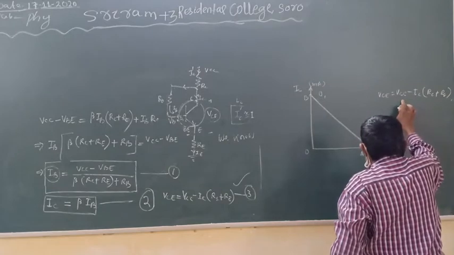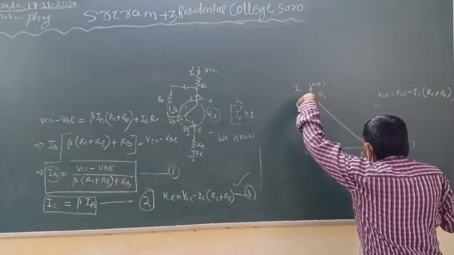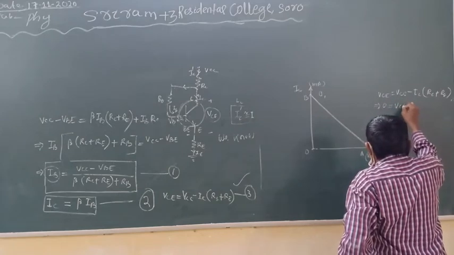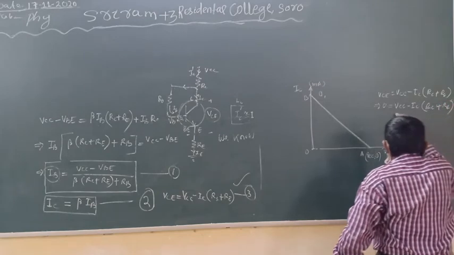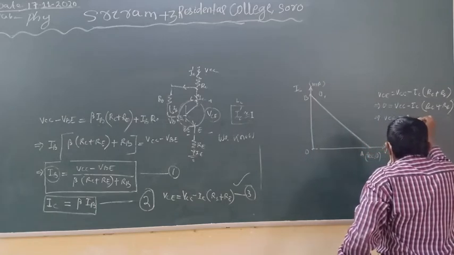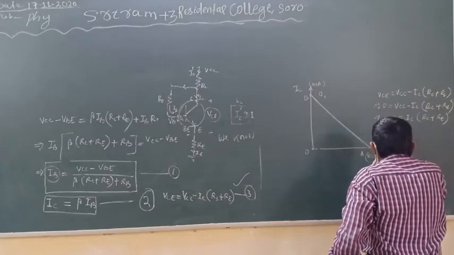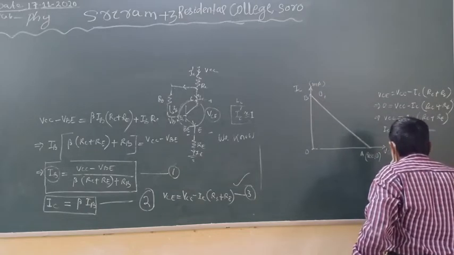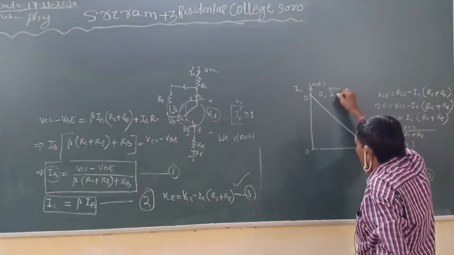At the vertical axis VCE is 0, so 0 equal to VCC minus IC whole into RC plus RE. Then VCC equal to IC whole into RC plus RE, so IC equal to VCC divided by RC plus RE.